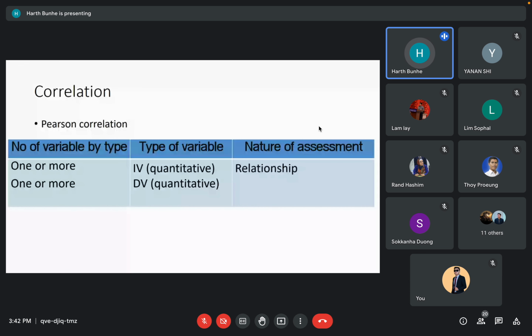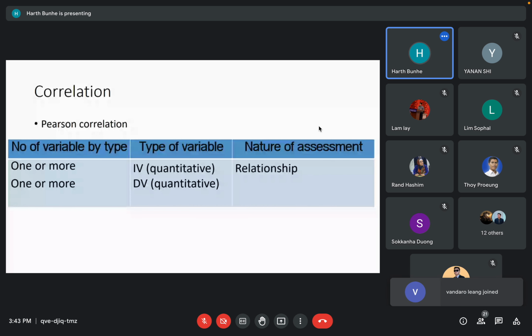We can call them all variables. They don't have IV and DV. But all the variables that you want to study are quantitative, or sometimes we call it scale. So all the variables included in the analysis need to be scaled. If you do correlation with other characteristics of variables, it is not Pearson correlation.